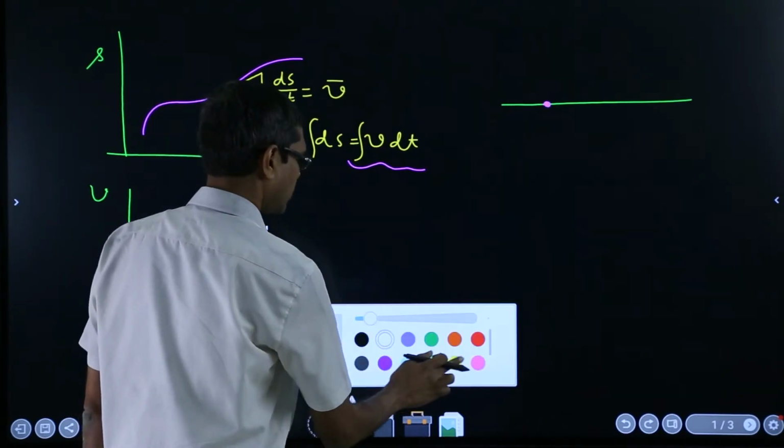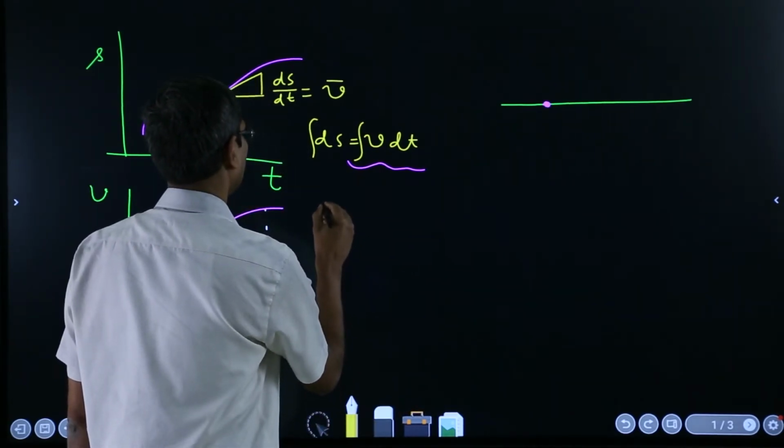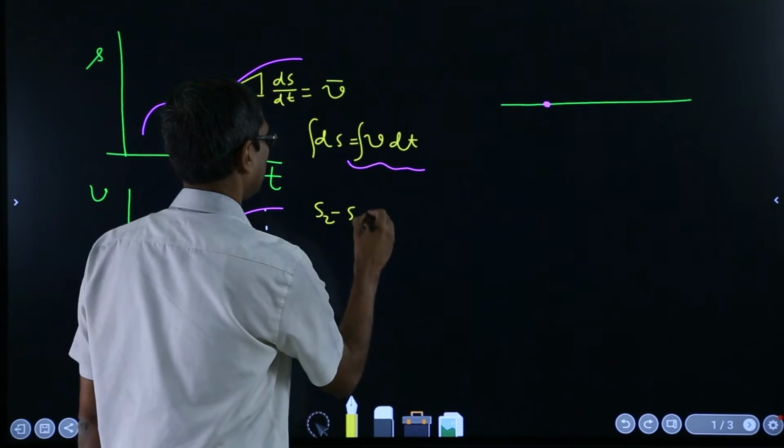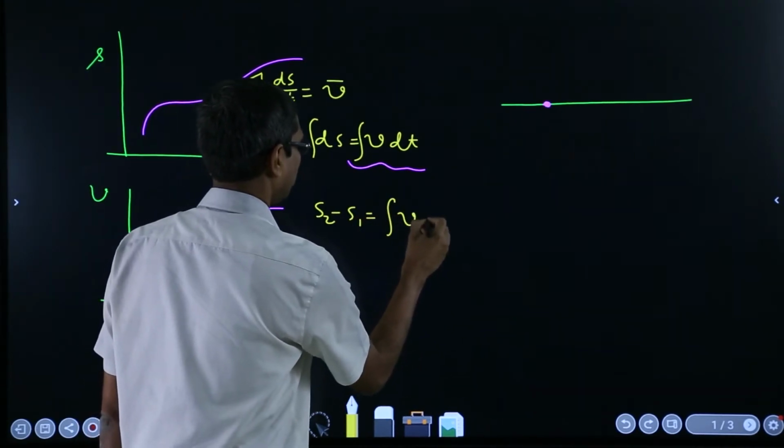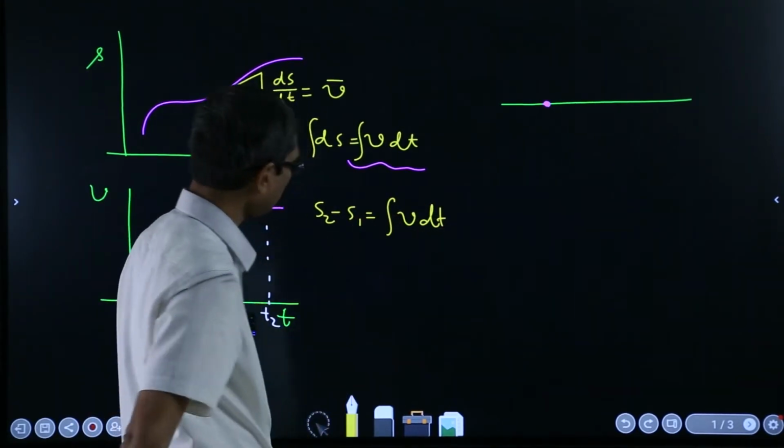So you can simply write that s2 minus s1 is nothing but the integration of v dt.